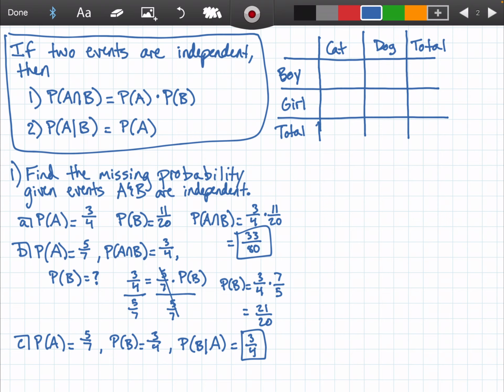All right, let's say we take a survey and we have 5 boys who prefer cats and 9 boys who prefer dogs. And then we have, I don't know, 8 girls who prefer cats and 13 girls who prefer dogs.